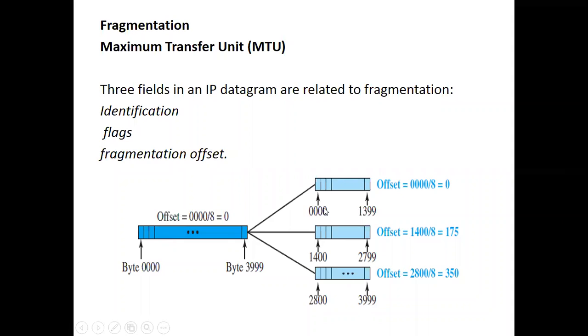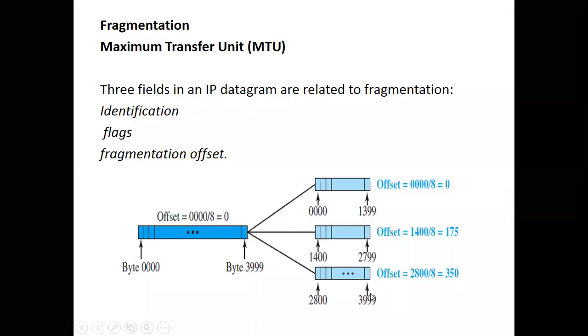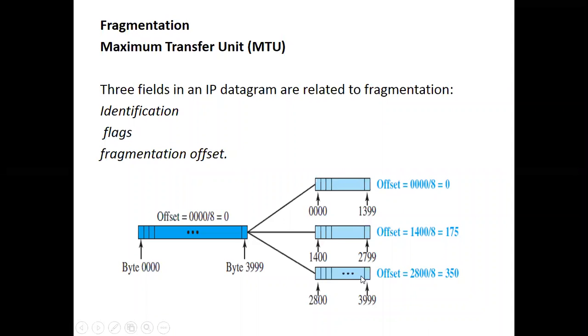The first part is 1400, the second part 1400 and the third part 1200. 1400 plus 1400 is 2800, and plus 1200 makes 4000. So my 4000 bytes are divided into 1400, 1400 and 1200.